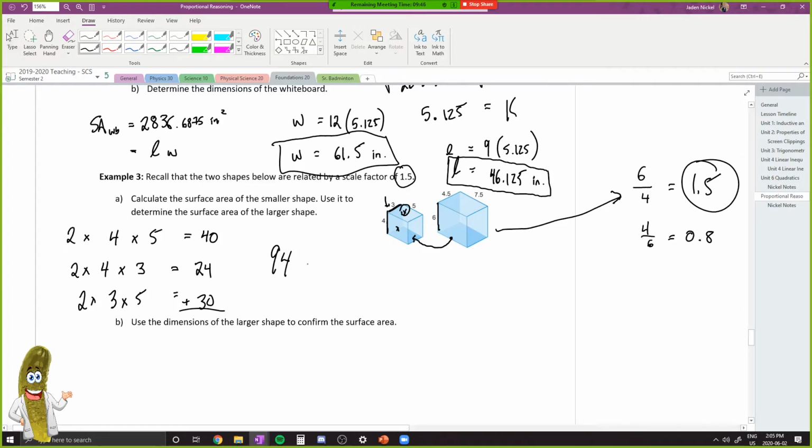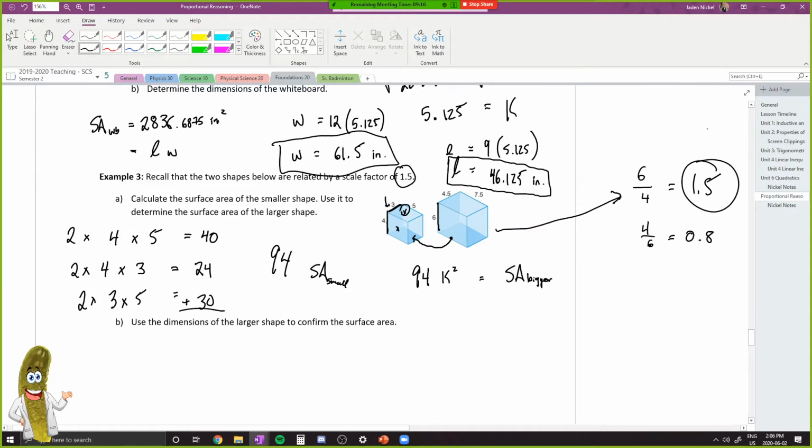So 94, that is the surface area of the original object, or the surface area of the smaller object. So I'm actually just going to call this surface area of smaller object. And so what I want to do now is take 94 and multiply that by k squared to get the surface area of the bigger object.